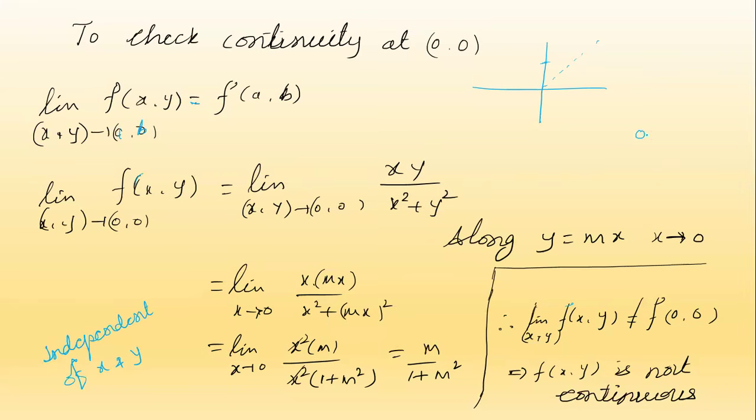The functional value is 0 here, but we are getting m divided by 1 plus m square. Therefore, f of x y is not continuous. This implies existence of partial derivative need not imply continuity. This shows existence of partial derivative need not imply continuity.